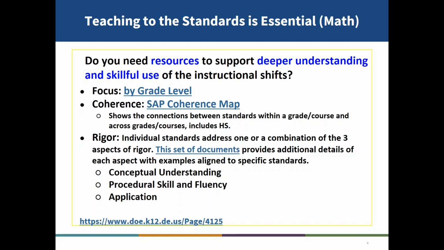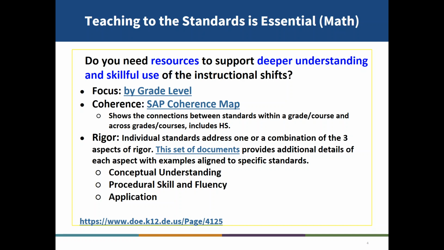A worthwhile conversation for teacher teams is to discuss standards before they are addressed in instruction and determine as a group which aspects of rigor are being addressed by each standard. They should check that instructional strategies and assessment are in alignment with those aspects of rigor.